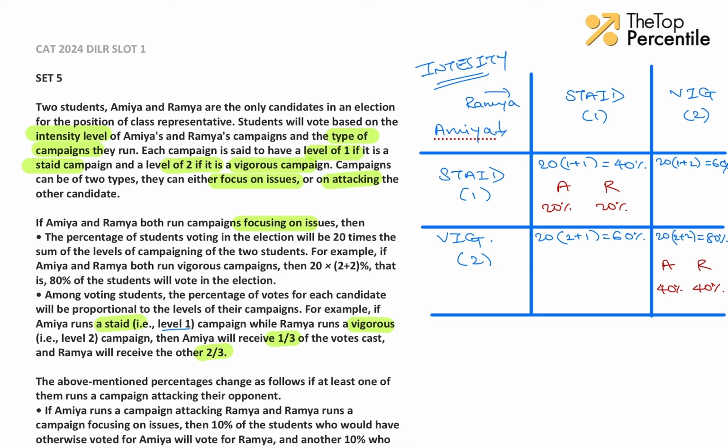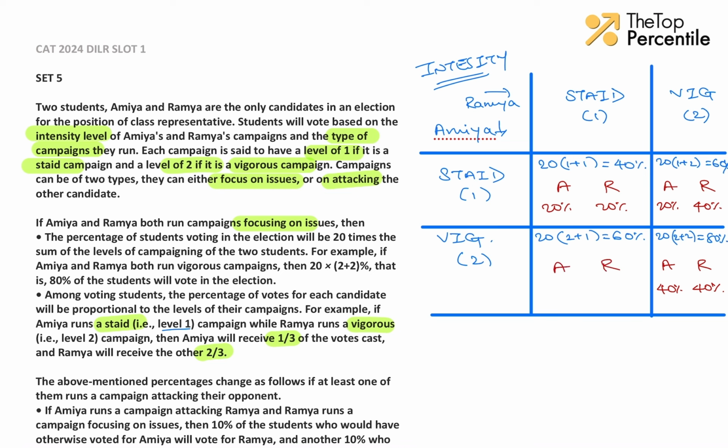Now in the cases where one is vigorous and one is staid, let's calculate that. Here Amya is staid, so she will get one-third of the vote, so this will be 20%. Ramya will get two-thirds, this will be 40%.